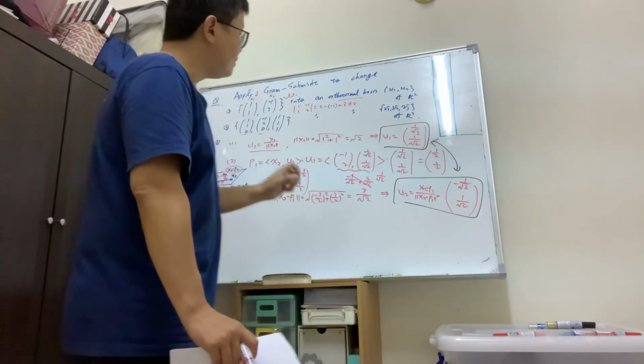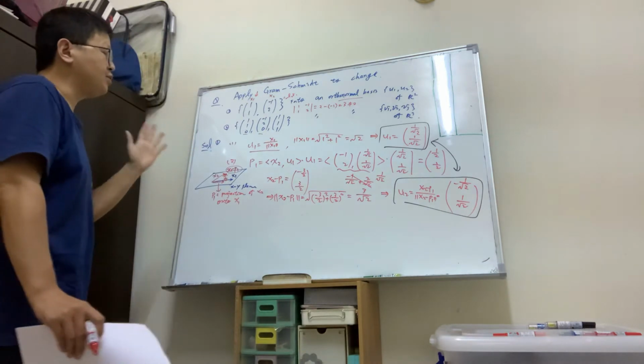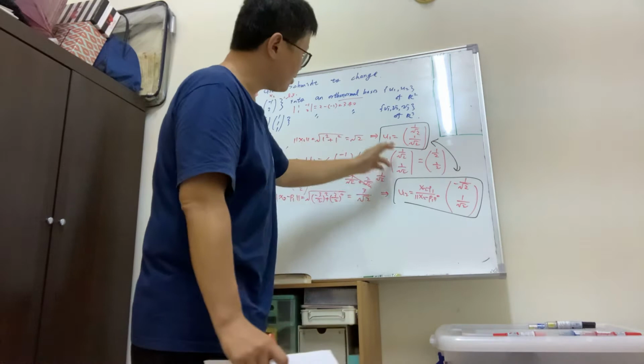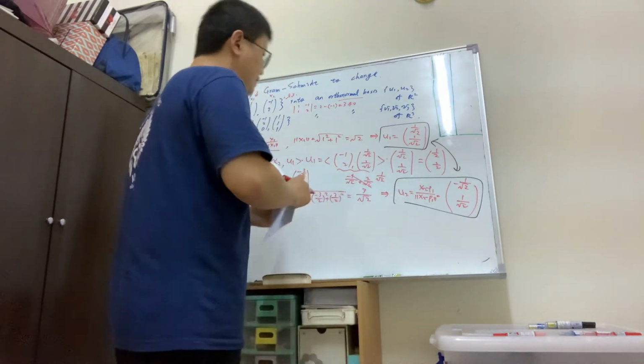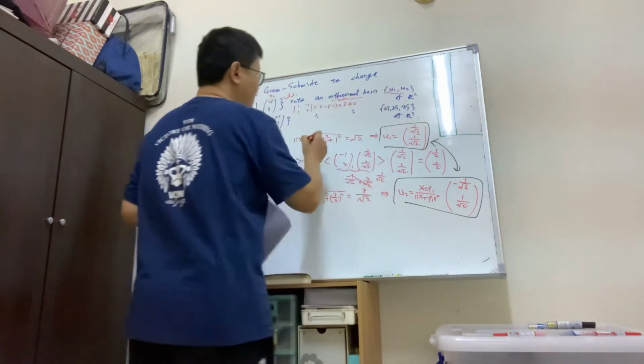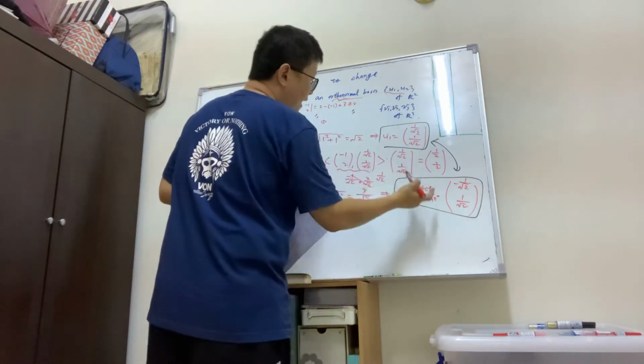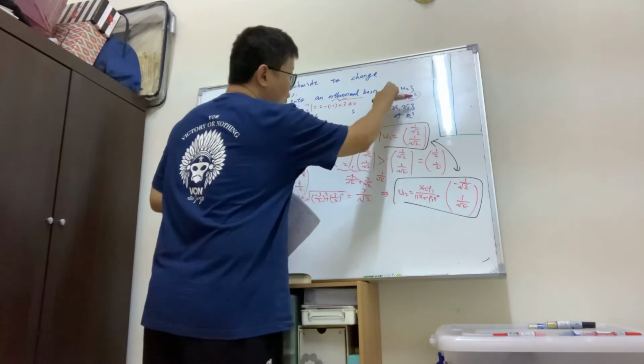As we said in the previous section 5.5, if you want to show these two vectors are an orthonormal basis, first, because it's in R2 and we have two vectors, you just need to show it's an orthonormal set in R2. An orthonormal set means the vectors are orthogonal and each of them is a unit vector.